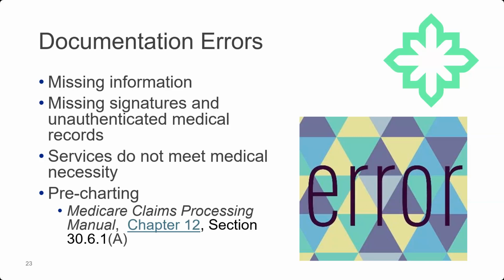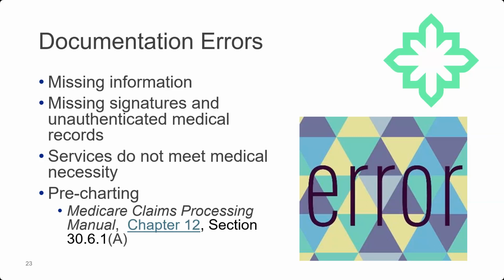This includes issues such as missing provider signatures, missing supervising signatures, illegible signatures, or electronic signatures used without adherence to the electronic record protocol or policy documenting the process. The third common documentation error involves providing services that do not meet Medicare's coverage guidelines for medical necessity.